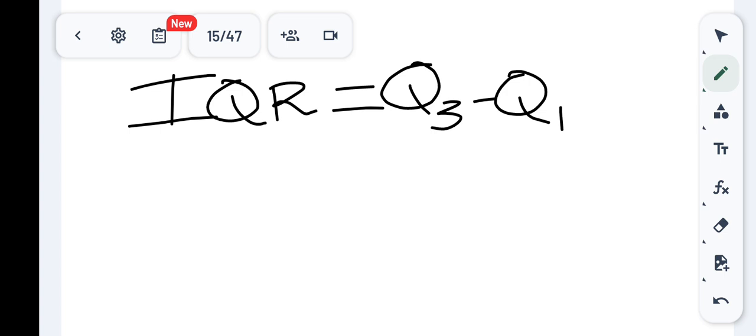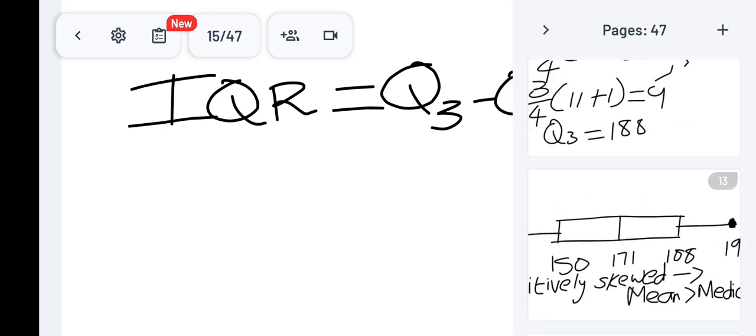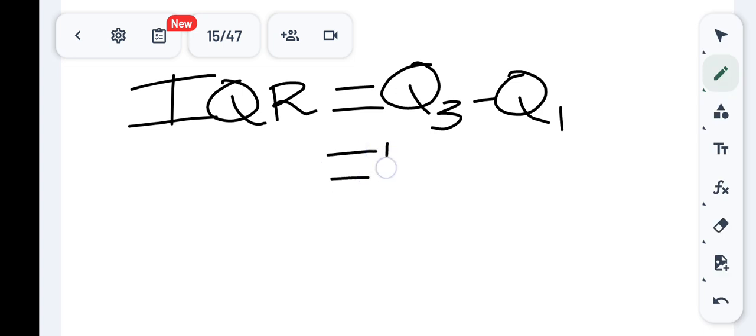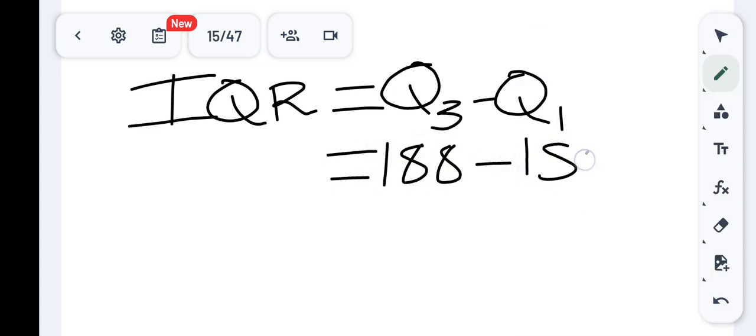Hence we use this formula when calculating interquartile range: Q3 minus Q1. Here our Q3 is 188, so 188 minus Q1, which is 150, gives you the value of your interquartile range.